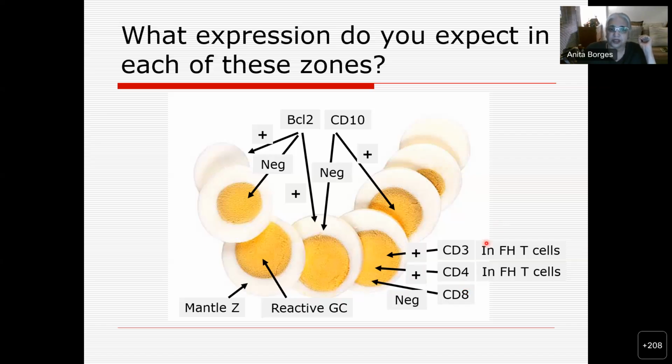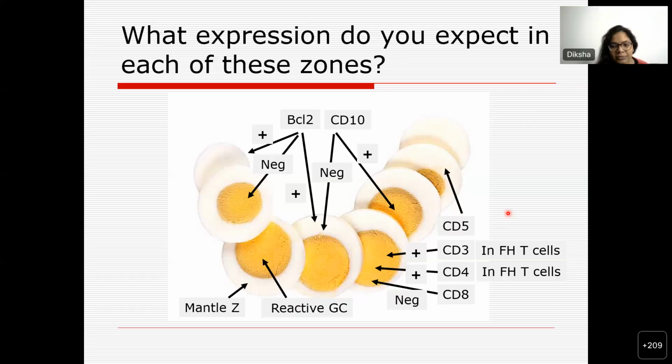I don't know who's answering the questions, but CD5. What is the answer to this question? What should CD5 be in the mantle zone? I see a lot of positive, positive, positive.